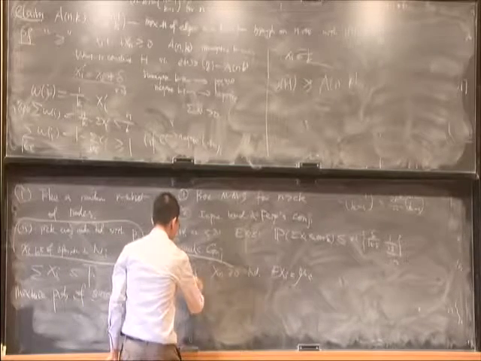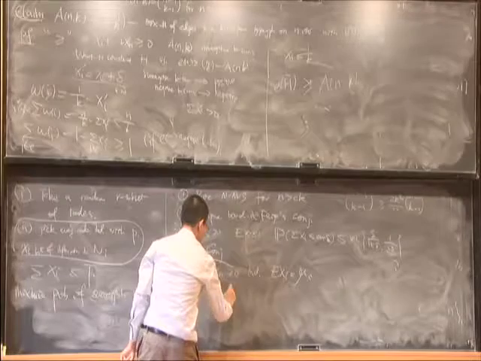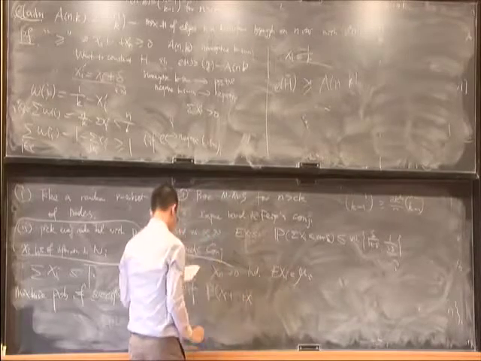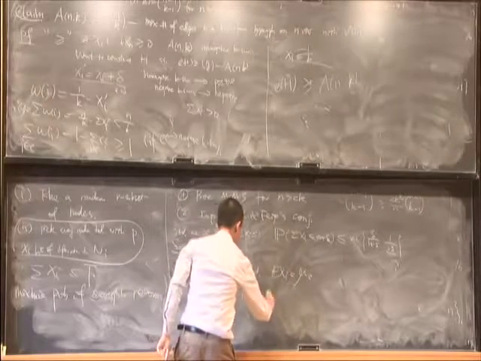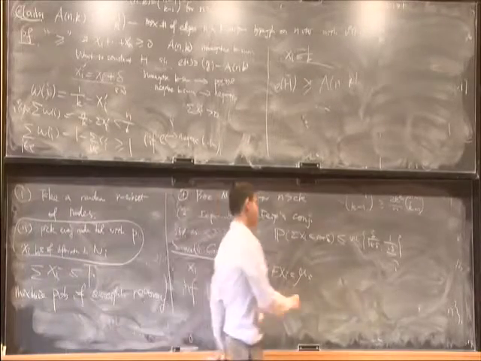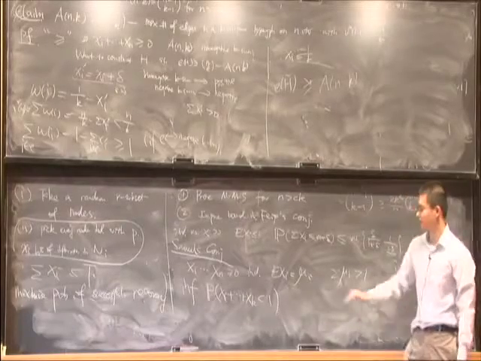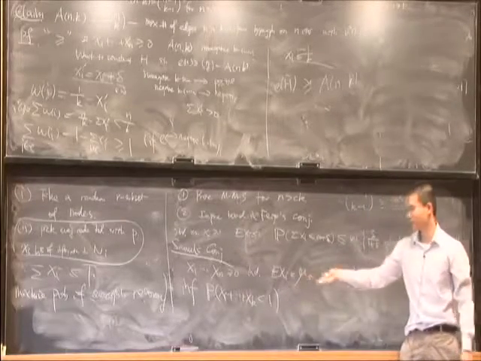Now he asks, what's the minimum of the probability that the sum is less than 1? For this question to make sense, we need the sum of mu_i to be greater than 1. Otherwise, you just take everything equal to mu_i, and this will give you 0.